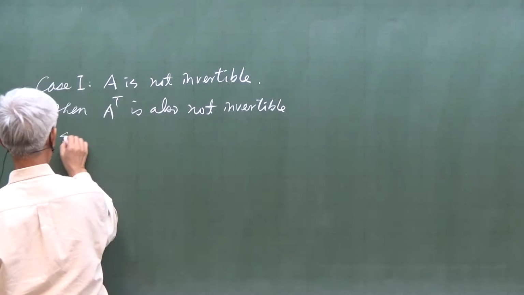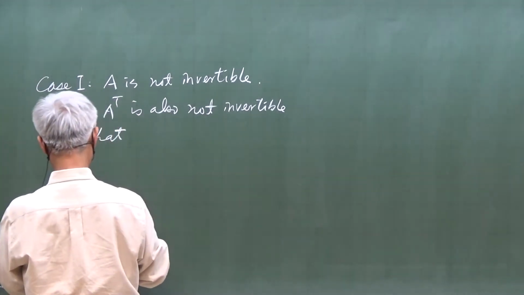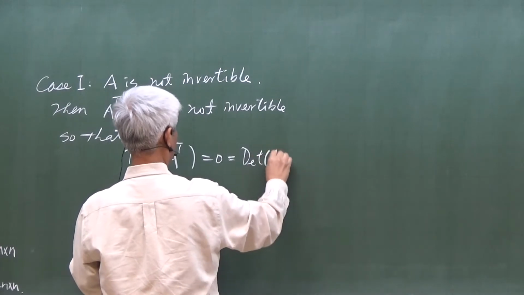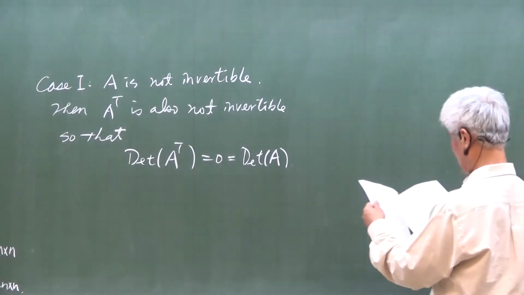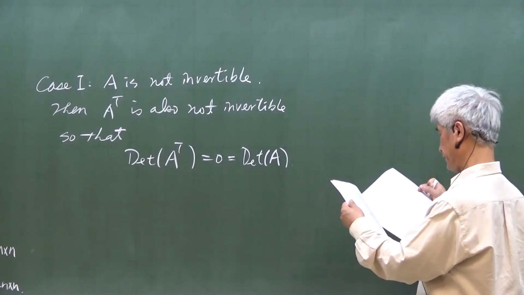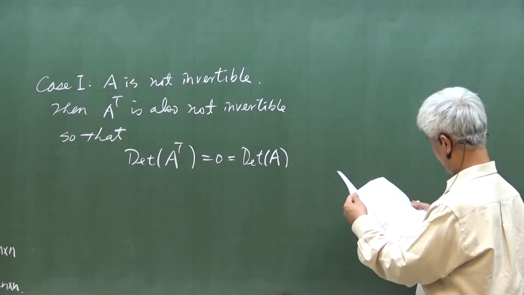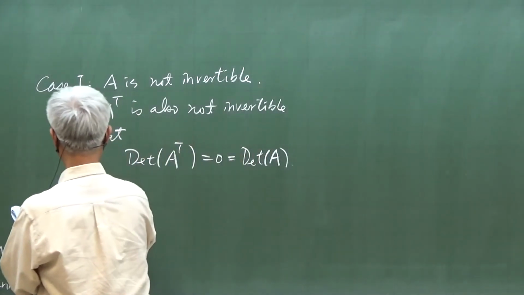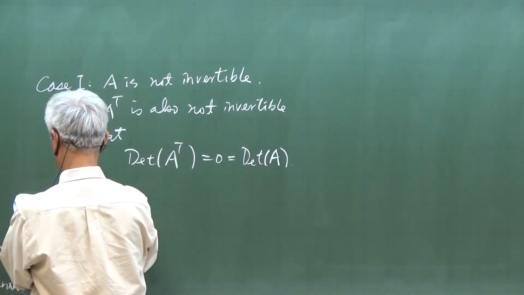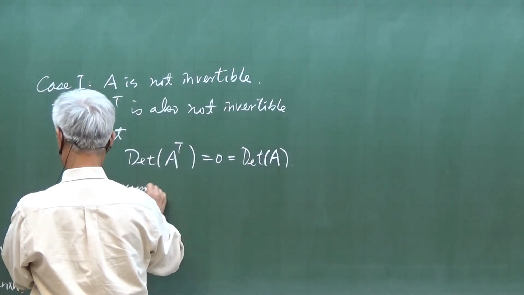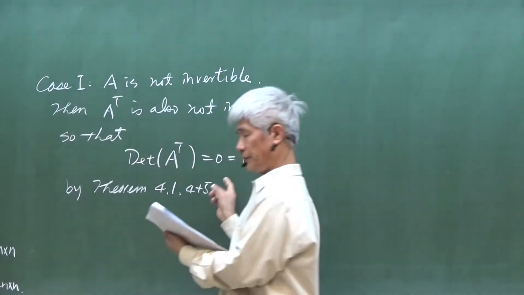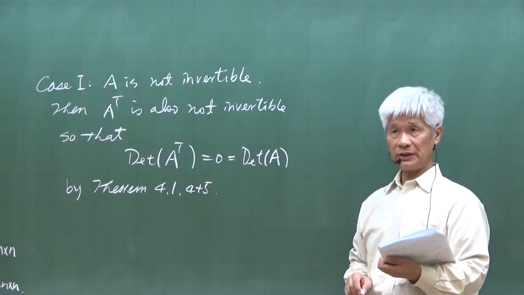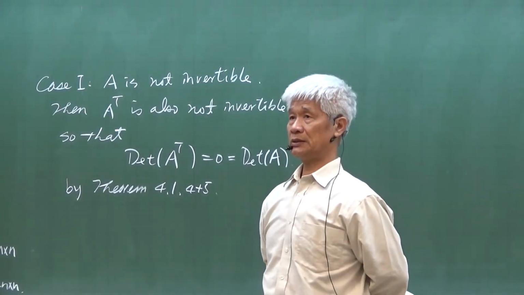So that the determinant of A transpose is equal to 0, is equal to the determinant of A. Because we proved in our previous study, by theorem 4.1.4 plus 1, that the determinant of a square matrix is non-zero if and only if the matrix is invertible.